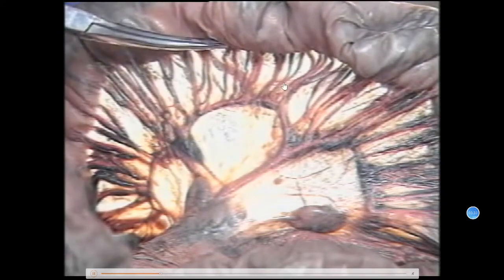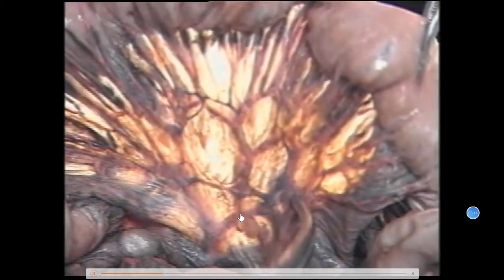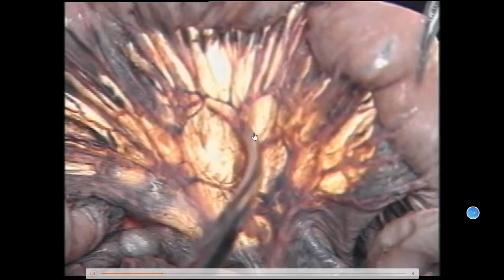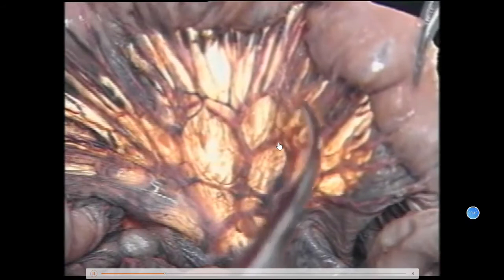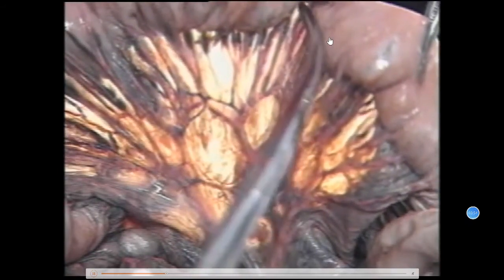They are straight arteries. This is a part of ileal artery. Now, to form these arterial arches, usually 3 to 4 grades of arterial arch. Also, straight arteries supply the ileum.